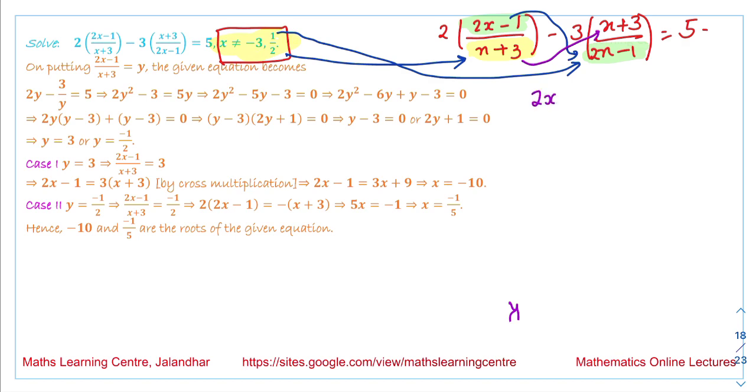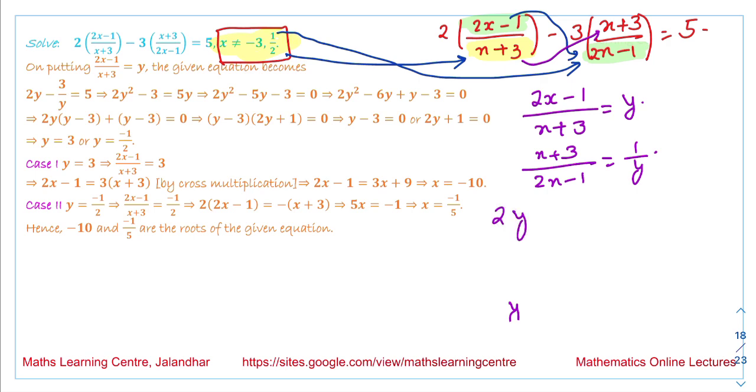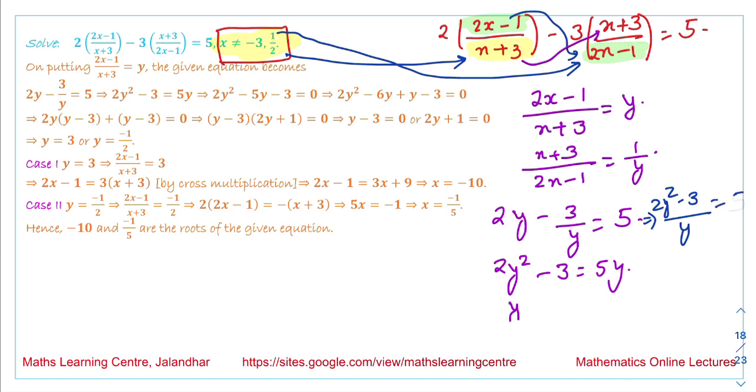So if we substitute (2x - 1)/(x + 3) equal to y, we get (x + 3)/(2x - 1) equal to 1/y. So our equation becomes 2y - 3/y = 5. We have taken y as LCM, so we get 2y² - 3 = 5y.